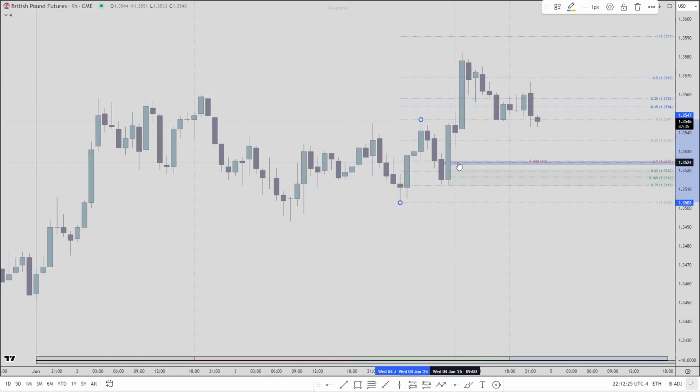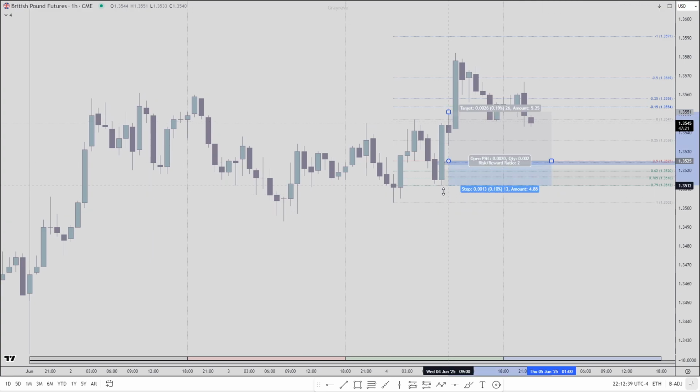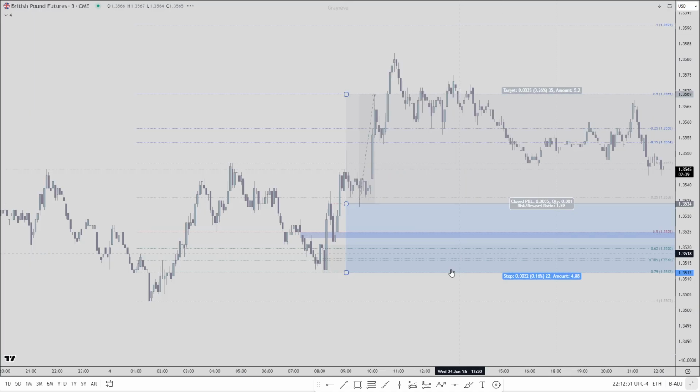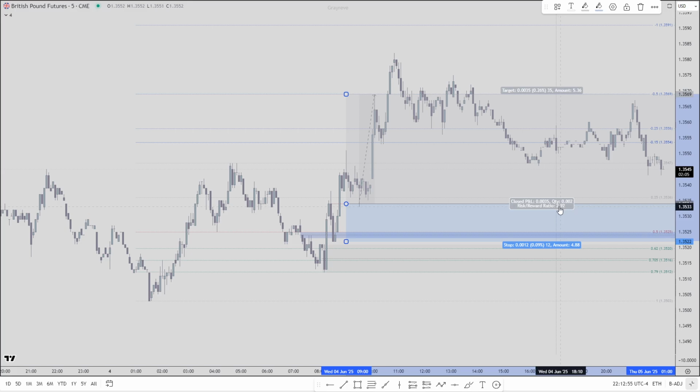So if you have taken the first entry, which is down here, that would be 3.3R. If you have taken the second entry, which is right here, and your stops would be at the 5 minutes order block, that would be 2R, right?